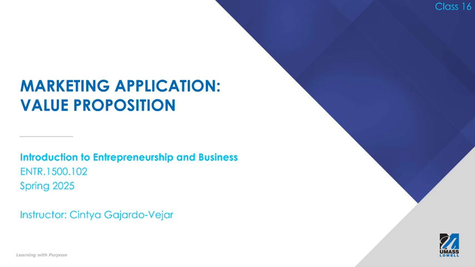So going back to our main theme, today we will go over marketing applications, so how we apply these marketing things when we are running a company or how companies do it.